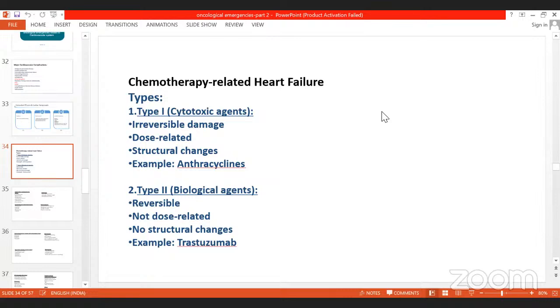That's why whenever we give trastuzumab monoclonal antibody therapy to the patient, we generally perform a 2D echo every 3 cycles, just to be careful with the heart failure purpose. And if there is any alteration in the 2D echo, we immediately stop the trastuzumab for a few cycles, and there will be a reversibility of the heart changes which occur.